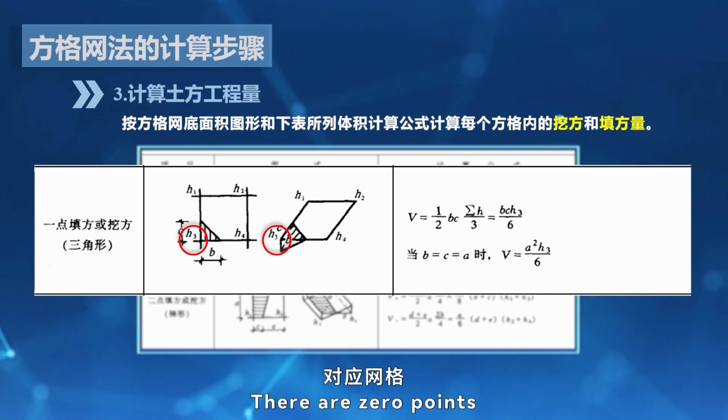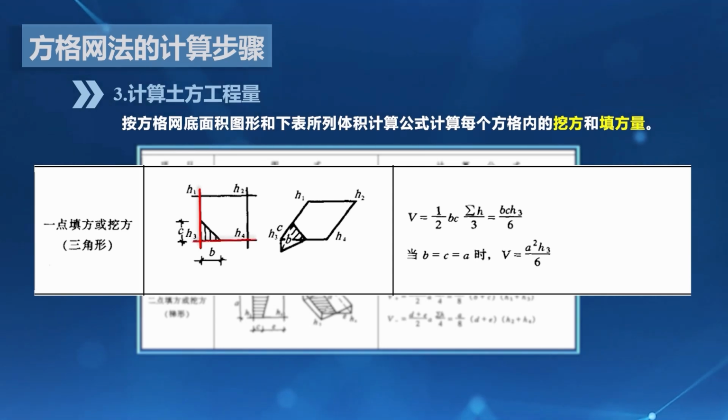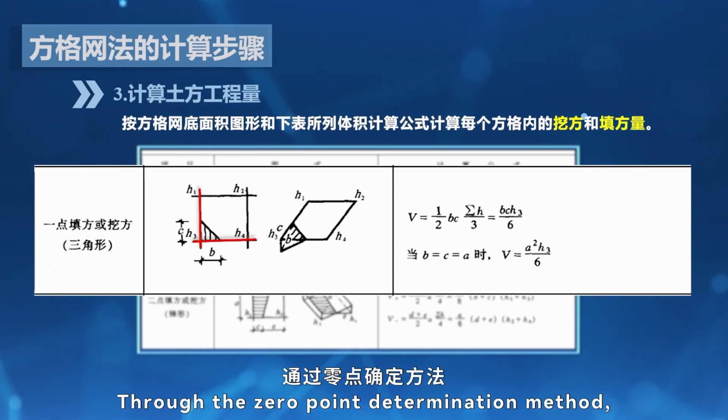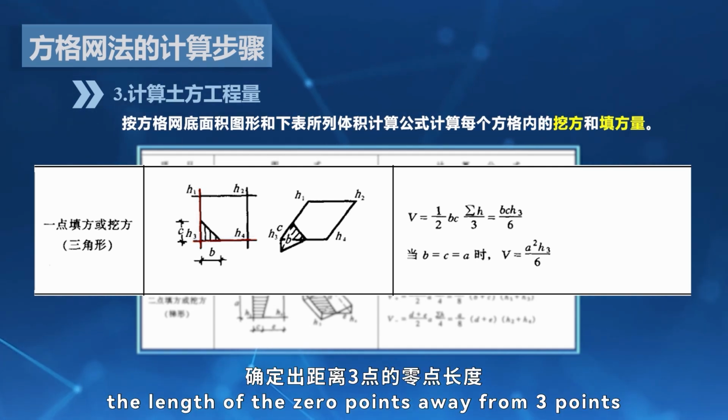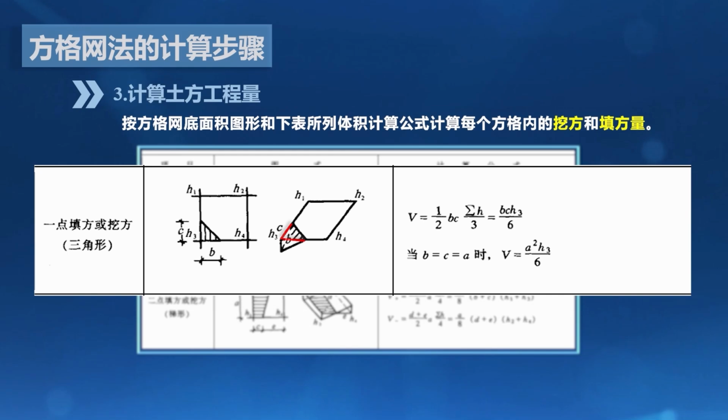There are 0 points on side 1-3 and side 3-4 of the corresponding grid with cut and fill. Through the 0-point determination method, the lengths of the 0 points away from point 3 are determined to be C and B respectively.